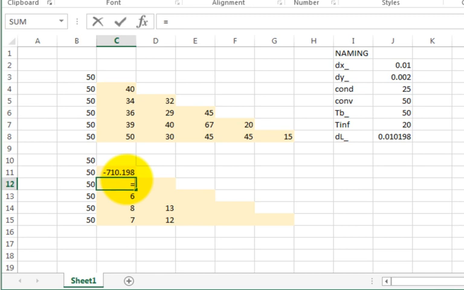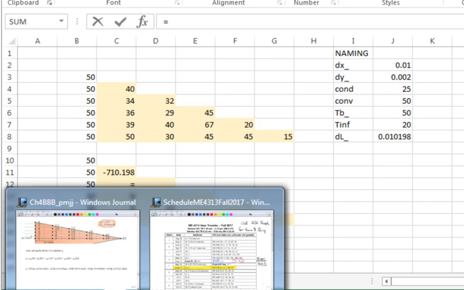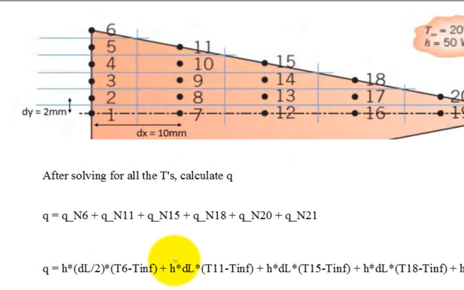Okay, let me jump back to my spreadsheet. When you do an interior node, let's say I do it for node 10. That's our next one. It's 4, 11, 9, and 15 that are around it.